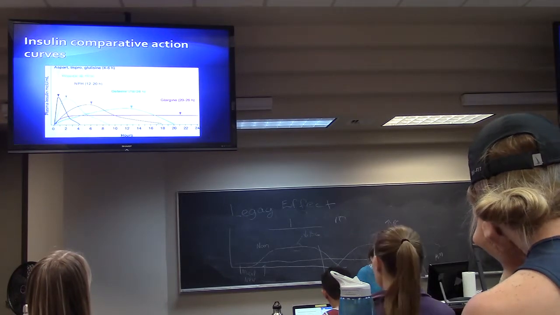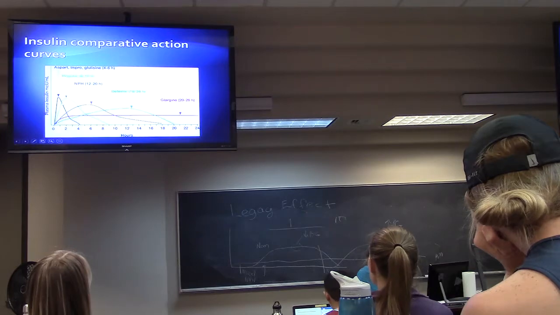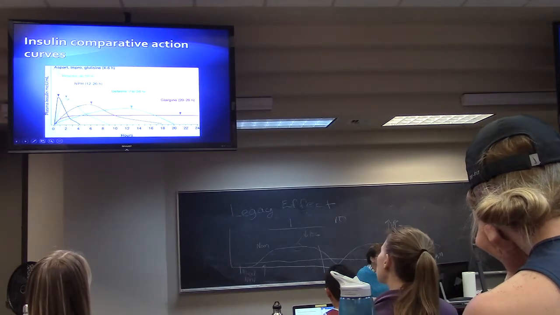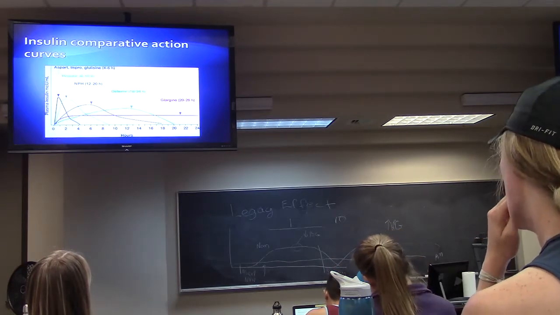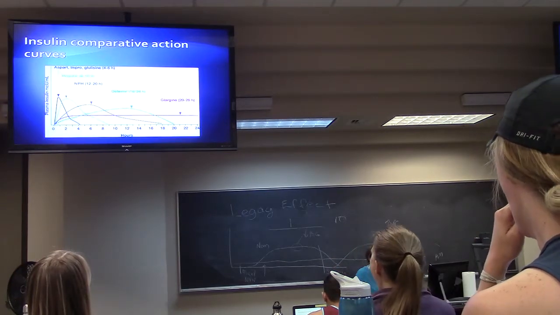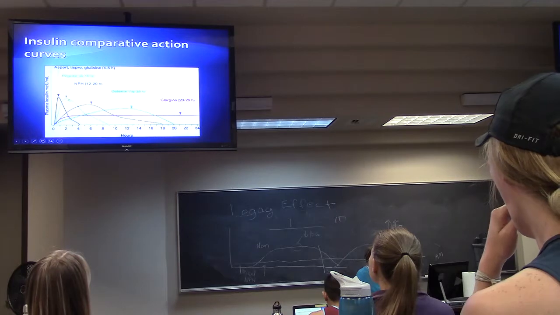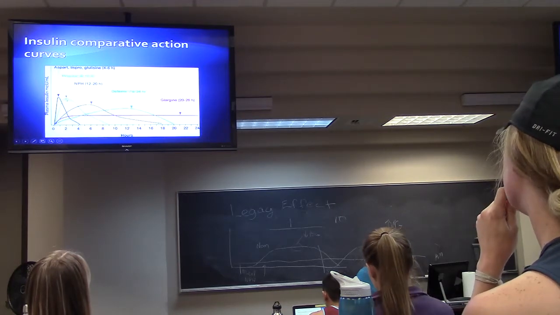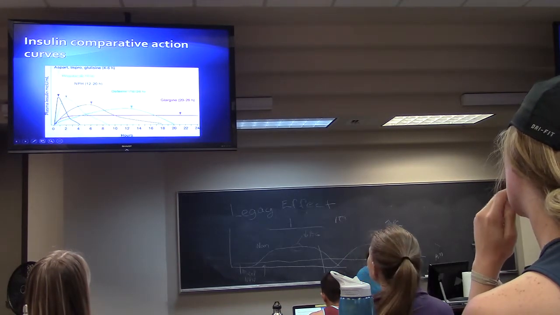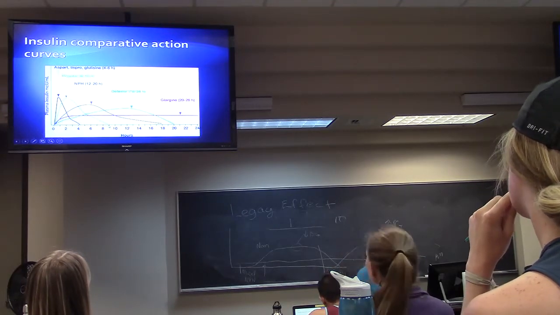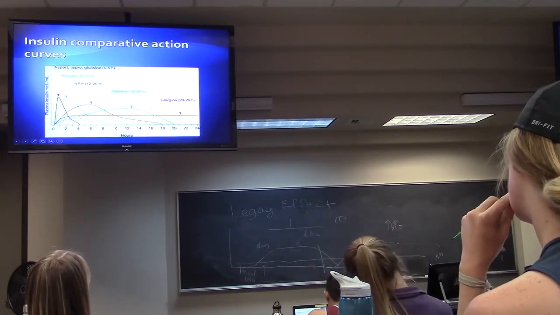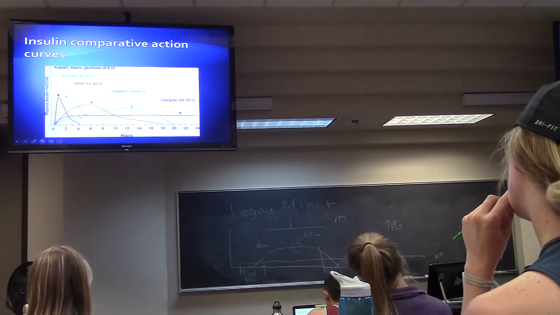It's also a pre-meal insulin, but its onset is delayed. So they have to inject it further in advance of a meal. And the peak is a little bit lower, but the tail of it, this portion of the decline, is slower and longer.